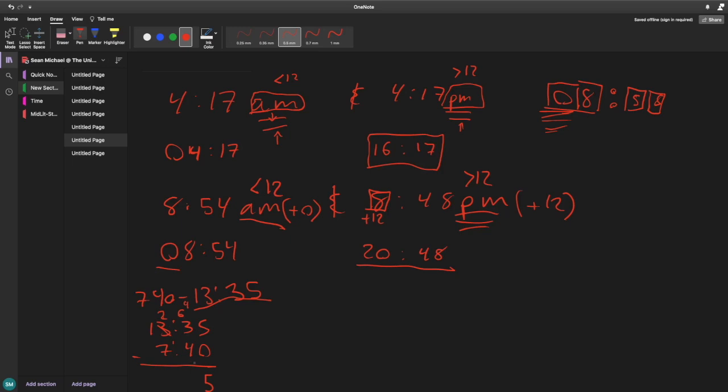So this will be 9 minus 4 rather than 13 minus 4. So that'll give you another 5, and then it's 12 minus 7, and you'll have 5 hours left, because you have to borrow here.